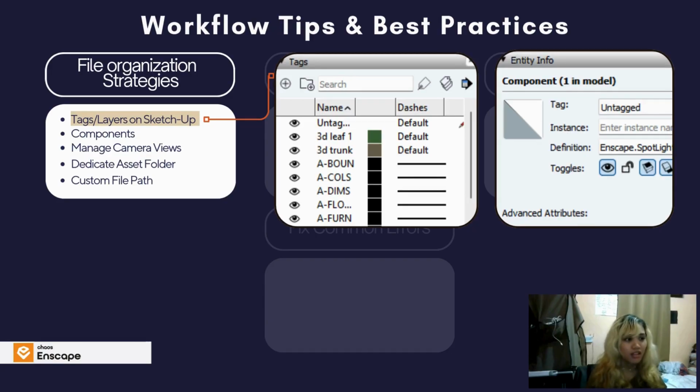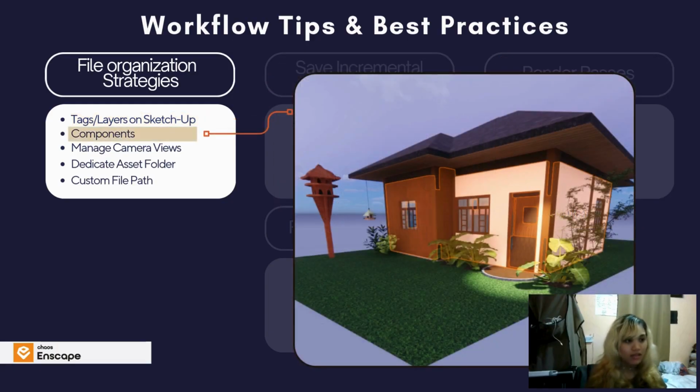Layers and tags are the foundation when rendering areas or materials in your work. Same as your components, because they are grouped and will be affected as one. Here on the screen is an example of my cursor hovering over my exterior walls. They are the ones highlighted, and I made them a component back in my SketchUp.